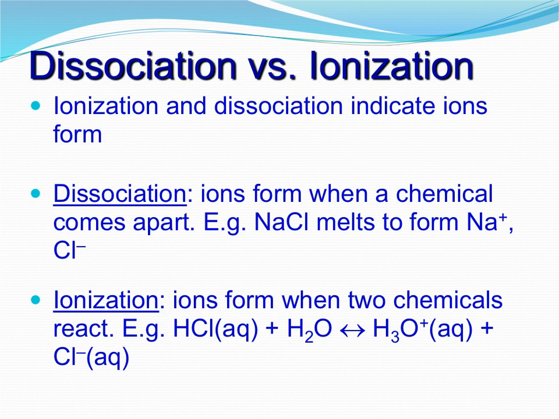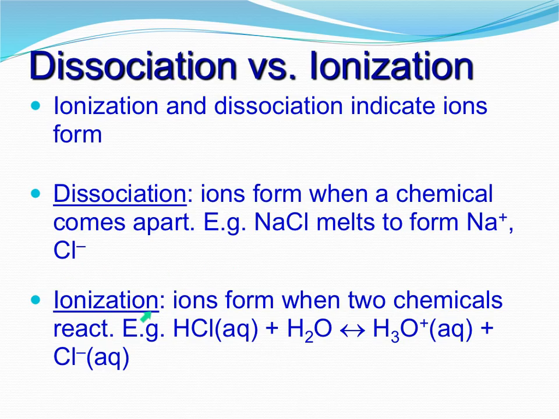So let's differentiate between dissociation and ionization of ions. Dissociation is when ions form when a chemical comes apart. So for example, sodium chloride melts to form sodium ions and chloride ions.